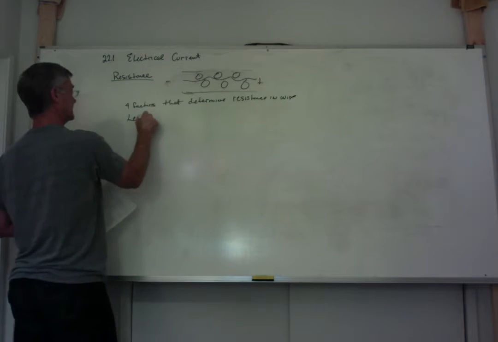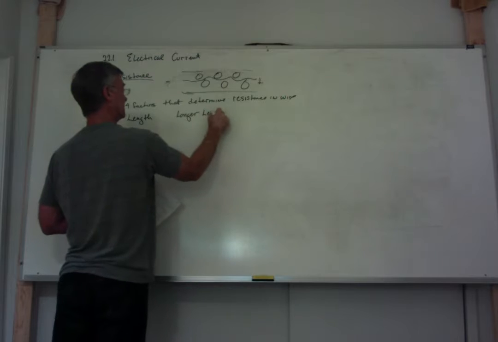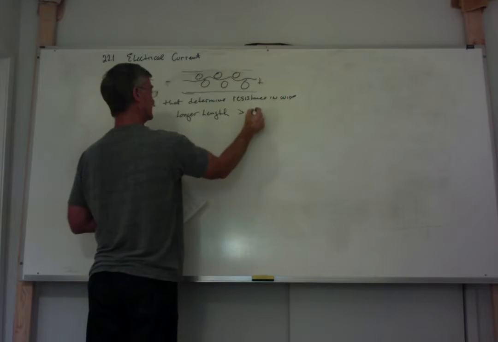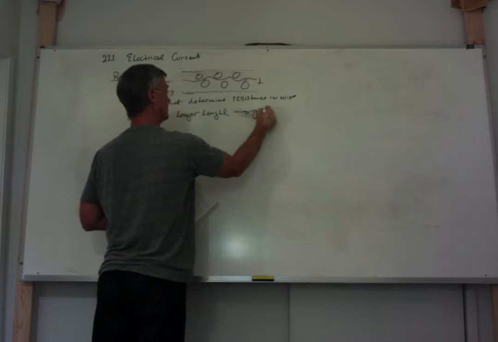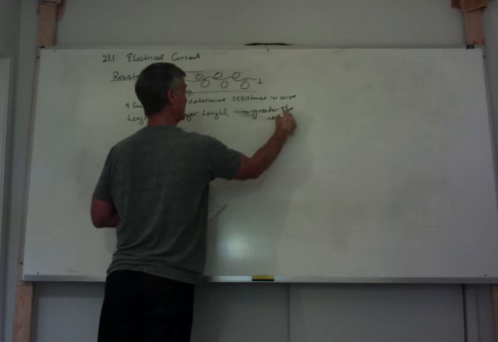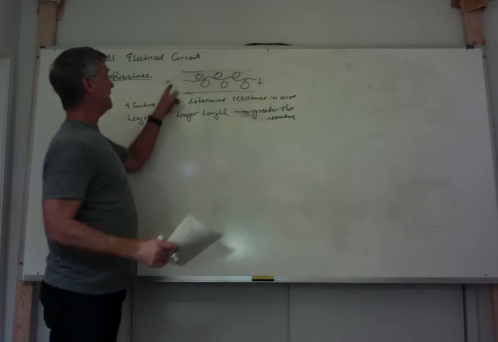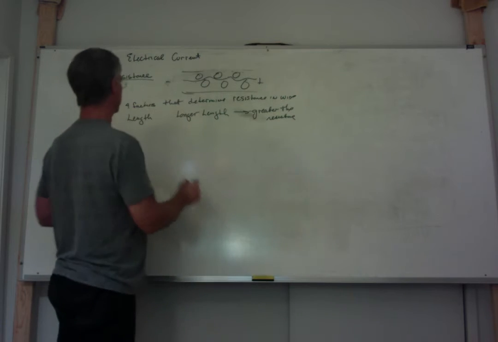The longer the length, the greater the resistance. That should make sense to you, because if I have so much resistance here and I drive that twice as far out, there's going to be twice as much resistance.